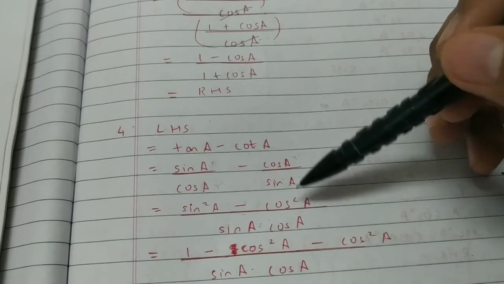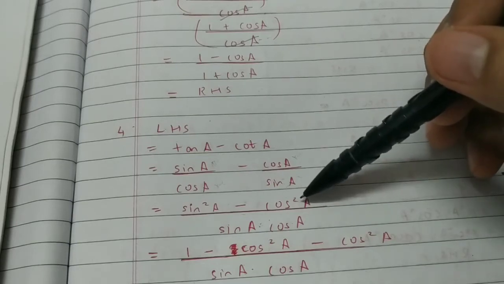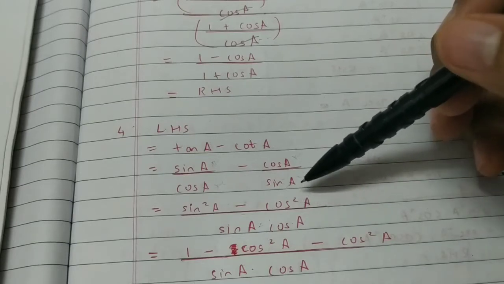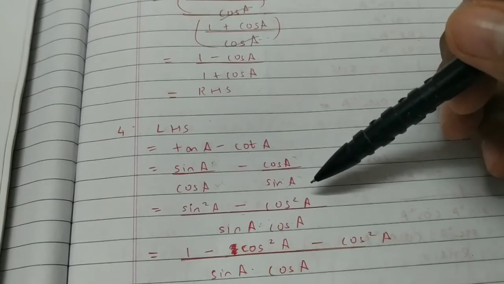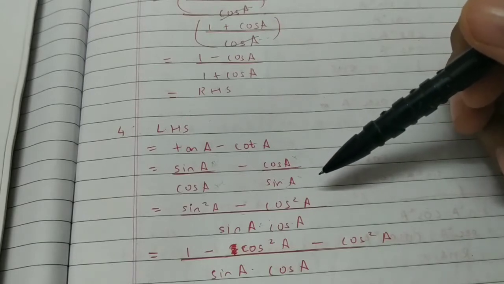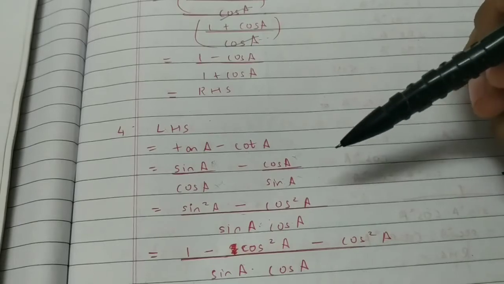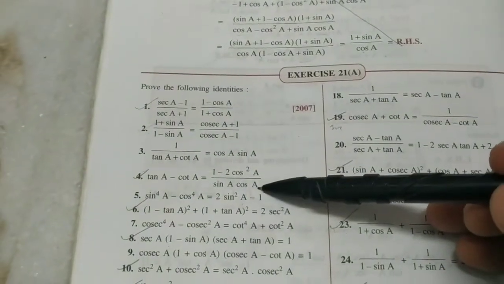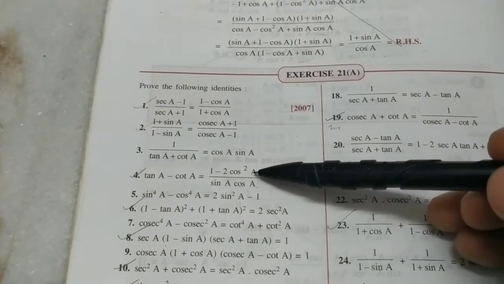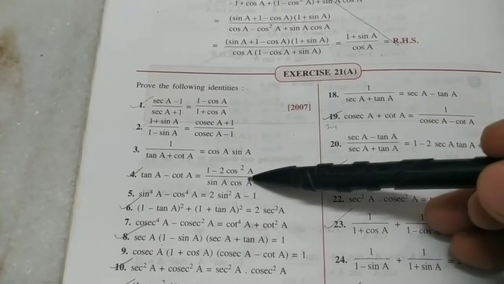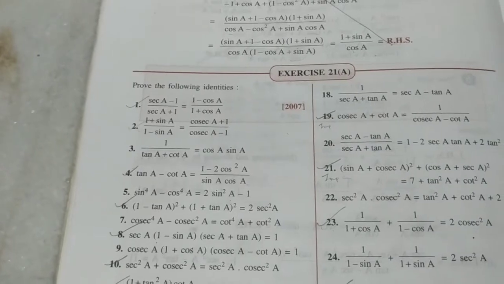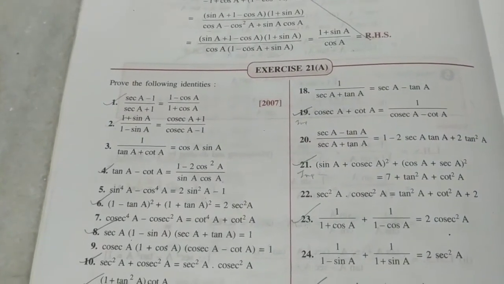Now always try to think after every step if any identity formula can be used. And also keep looking at the RHS. If you look at the RHS, it's visible that the denominator is sine A cos A, which we got. But the numerator has only cos square A. There is no sine at all. This gives us a hint that we will have to get rid of the sine.